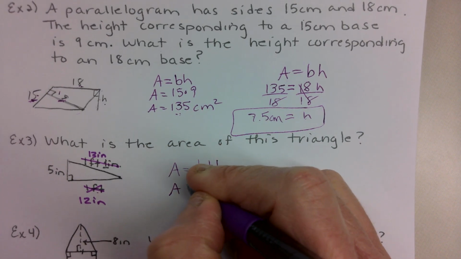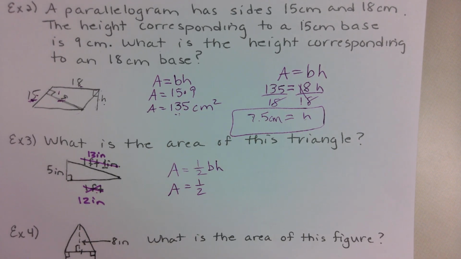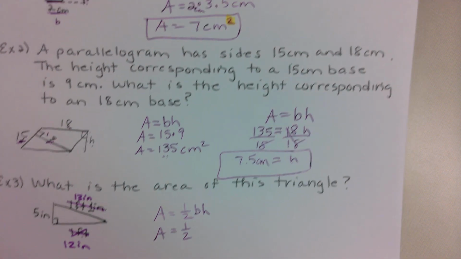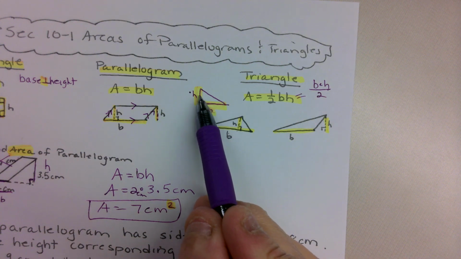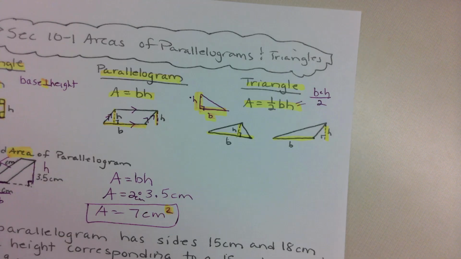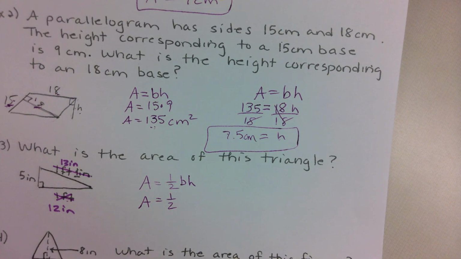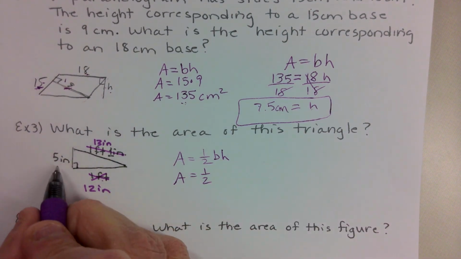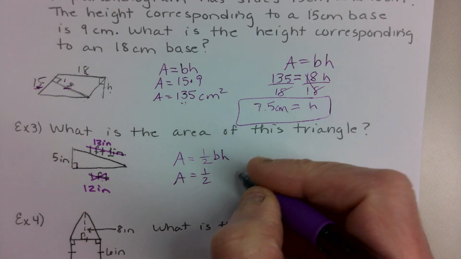So area equals 1/2. What is the base and what is the height? Well, it's a right triangle. Remember how I said in the right triangle, the base and the height are the two that are perpendicular. They are the actual two sides. So it's going to be the 5 and the 12. They're kind of interchangeable.